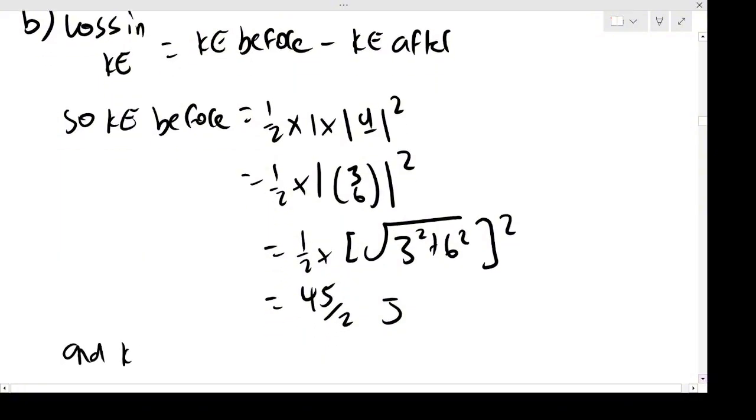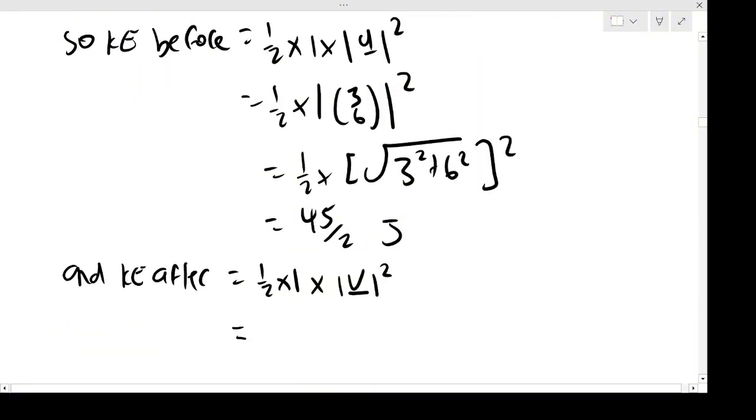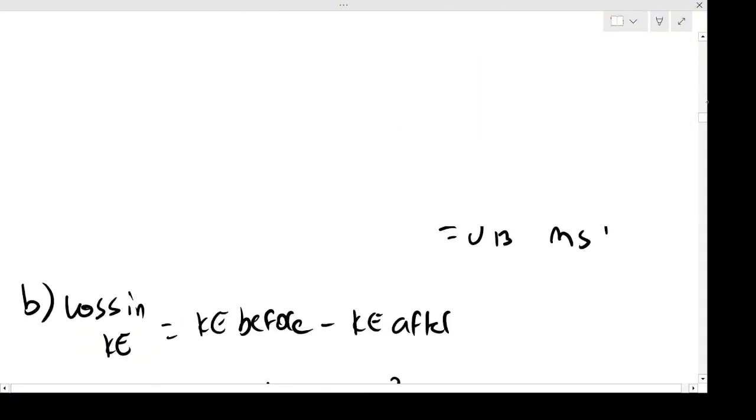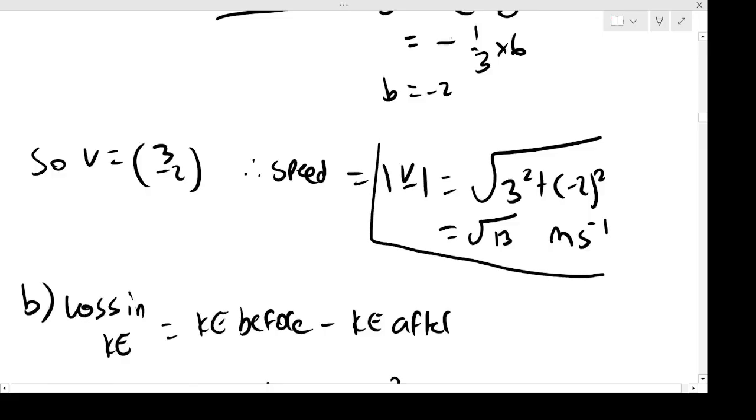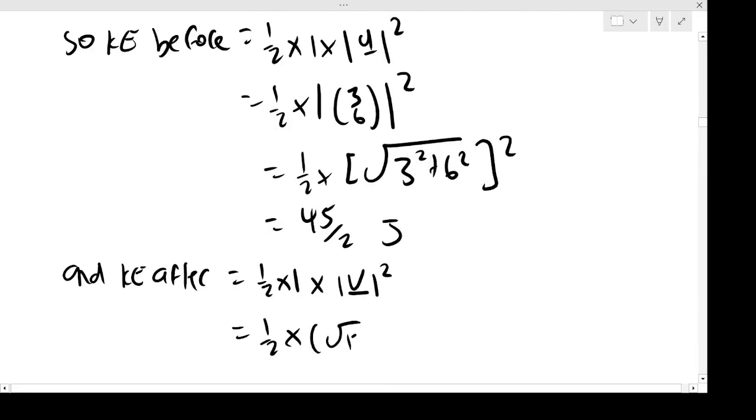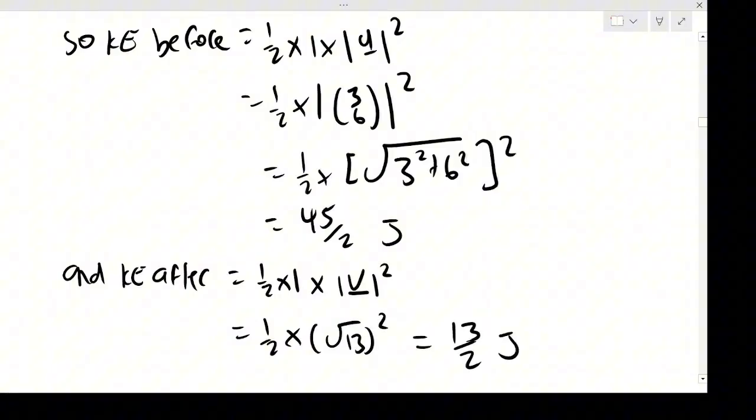Then the kinetic energy afterwards, again, is going to be half times the mass, which is 1, times the magnitude of v squared, right? Well, actually, we already know what the magnitude of v is, thanks to part A. The magnitude of v is root 13. So it's just going to be root 13 squared, and that will go to 13 over 2 joules.